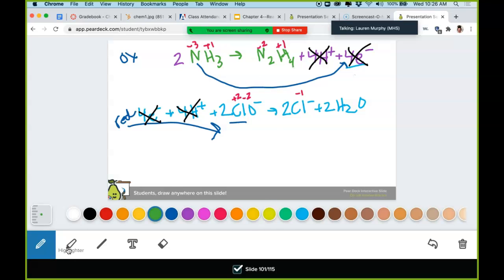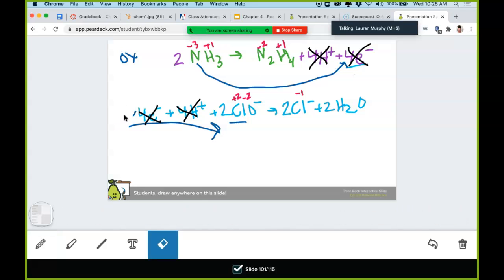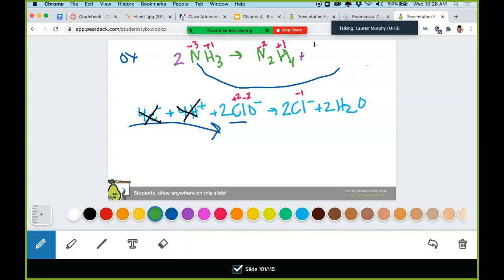Okay, so here's the deal. I'm going to change this. If this is N2H4, I have 6 hydrogens, which really means I only need 2 more hydrogens, so 2 hydrogen ions, which then means I only need 2 electrons.